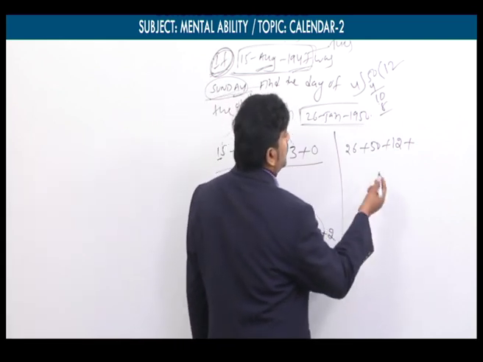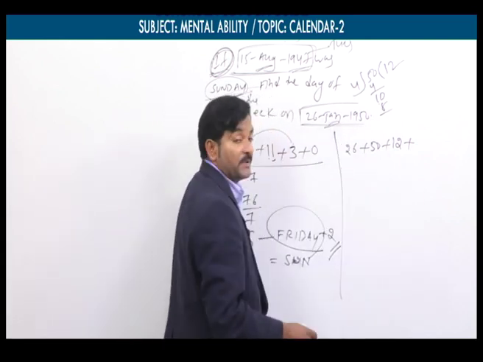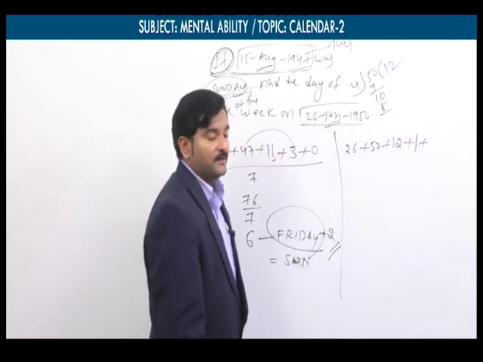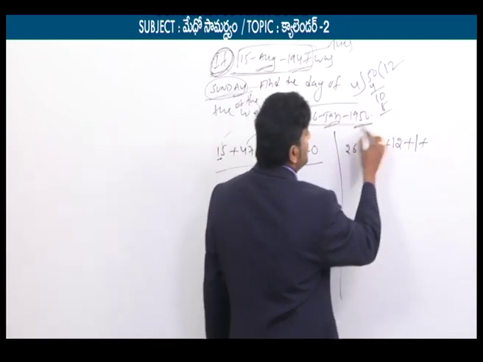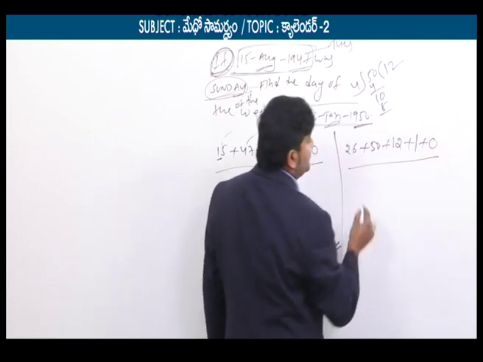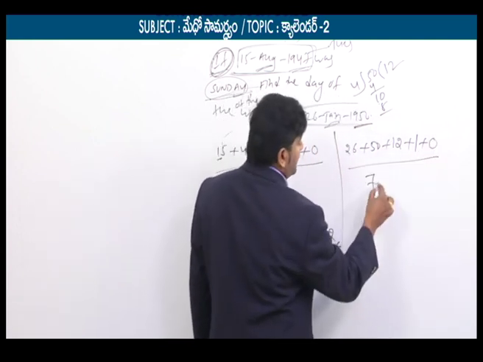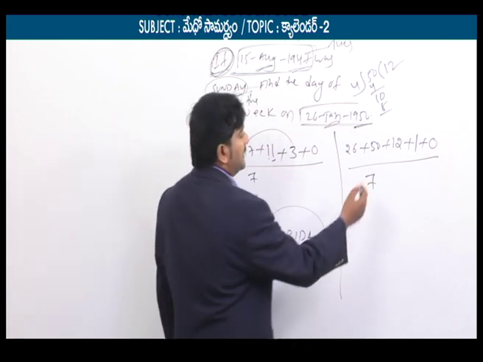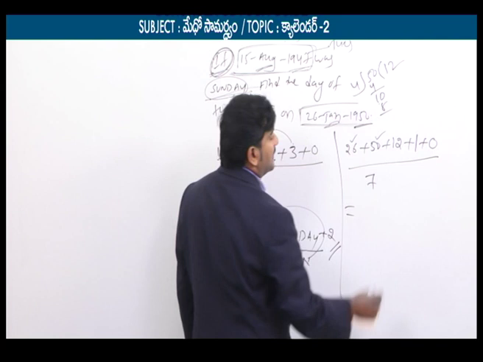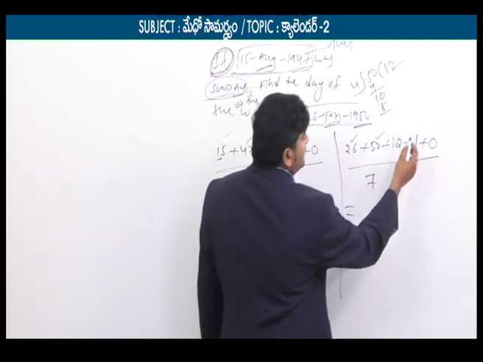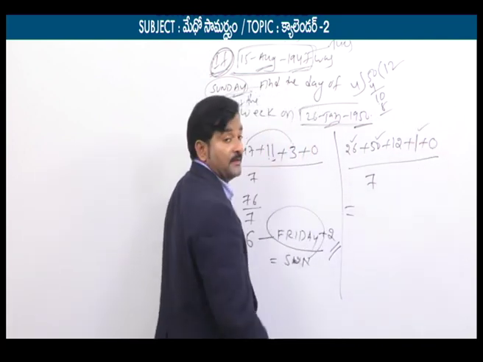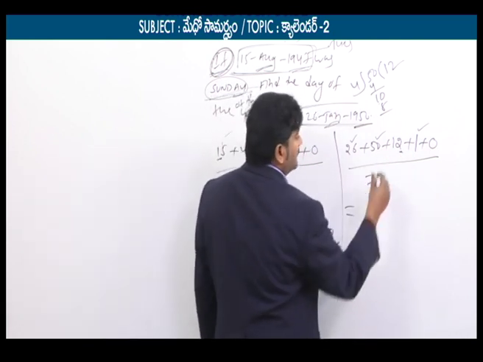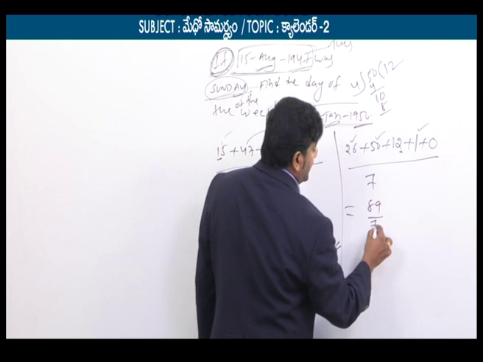Similarly, the century code and month code. The given month is January. According to the month codes, the January month code is 1. According to the century codes, the code for 1950 is 0. Now I am dividing all these by 7. Add all those values. Let's say 26 plus 50, 76. 76 plus 1, 77. 77 plus 2, 79. 79 plus 10, 89. 89 by 7.